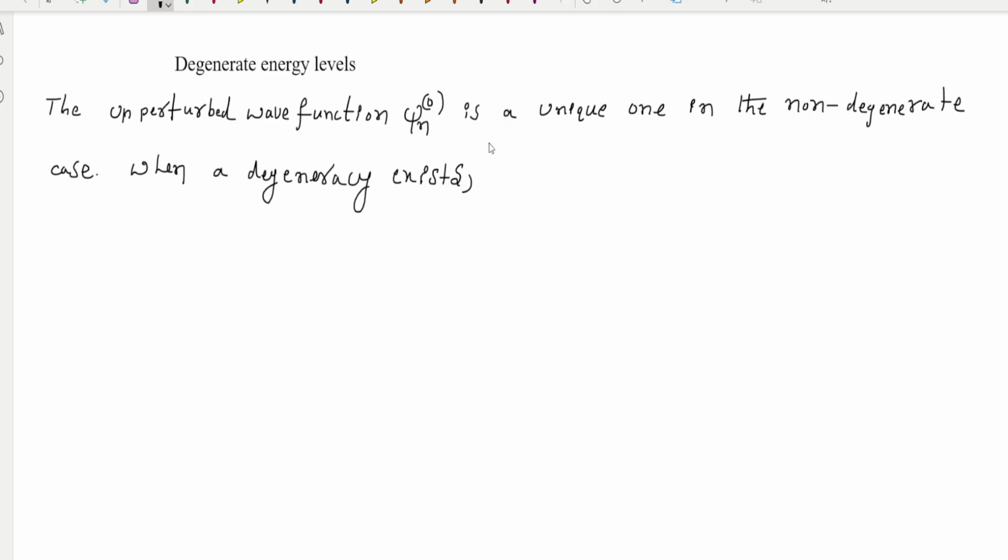So we need to combine the wave functions, a linear combination of degenerate wave functions.